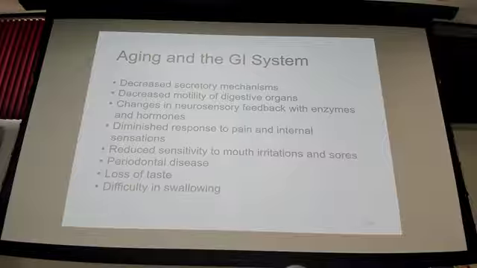So, when you're old, you lose some of that defecation reflex, just like we lost some of that micturition reflex. What does that mean to you? If you start to lose the urge to poop when it's time to poop, that means it's going to stay in there longer, right?